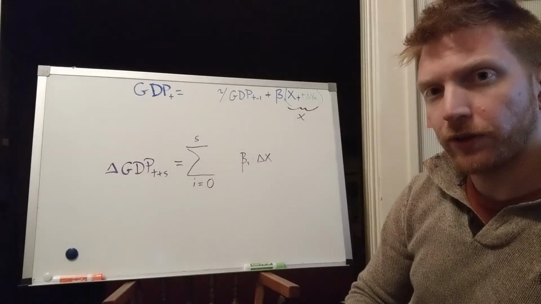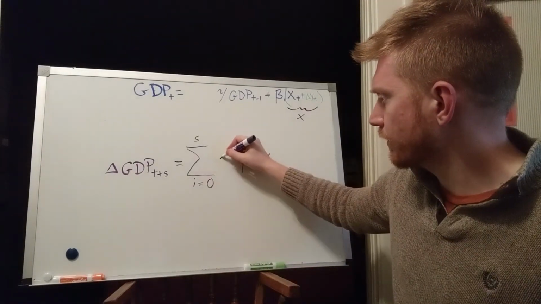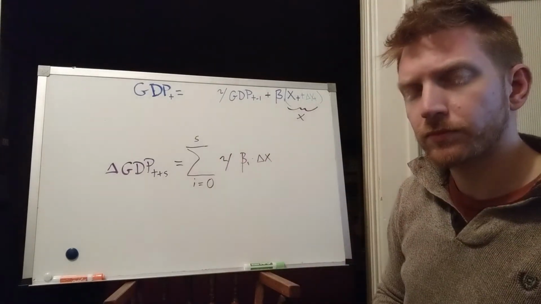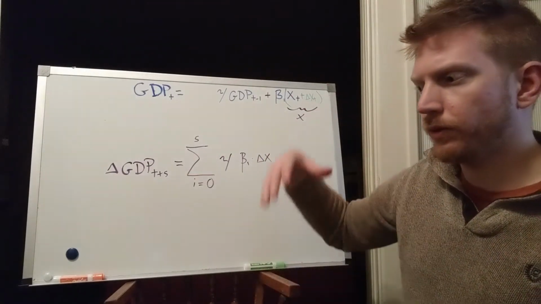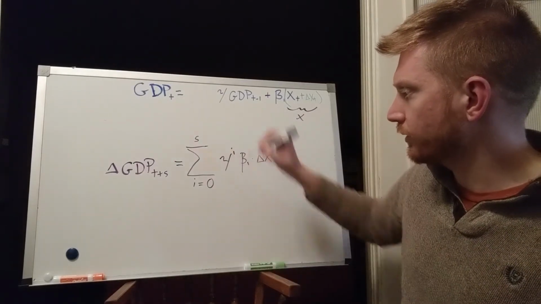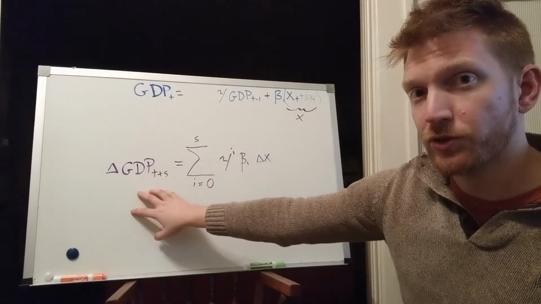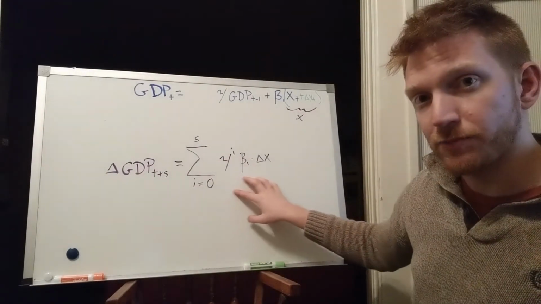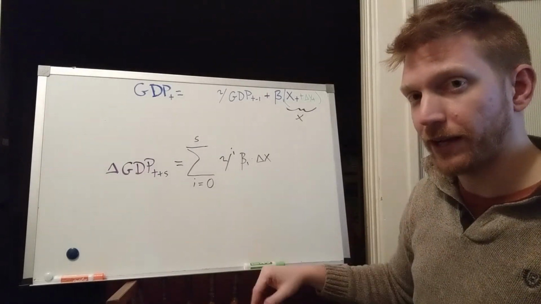But we're also going to have that one from the previous, and the one from 2 years ago, and the one from 3 years ago, and the one from 4 years ago. So we can think about the impact on future GDP as being the sum of all the propagated impacts.